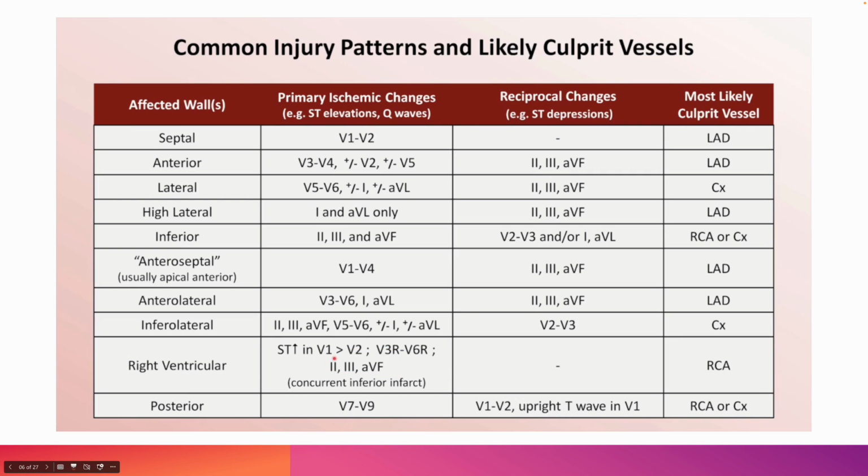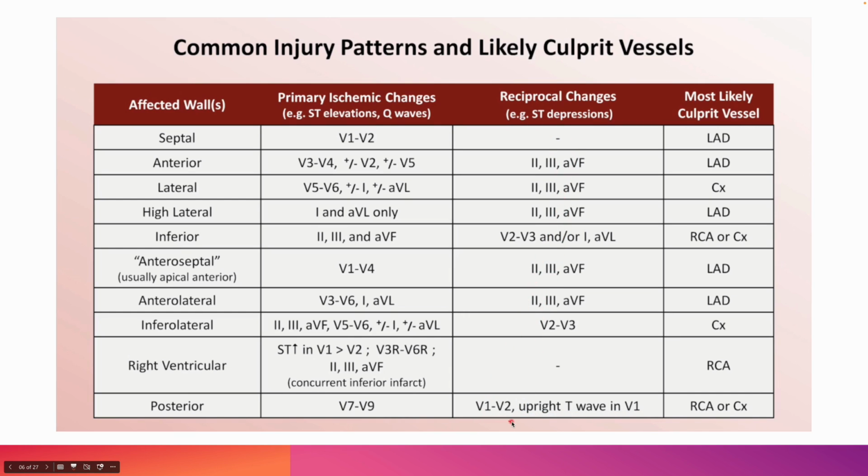And that's because the RCA actually supplies the right ventricle and the inferior wall, as we talked about in the supply of the arteries. Now the posterior wall, we said in the beginning on the PALE mnemonic, when you want to look for a posterior MI, you look at the anterior wall, so V1, V2, and you would actually find an ST depression.